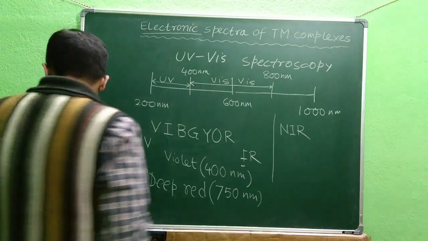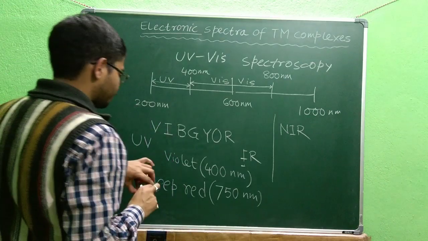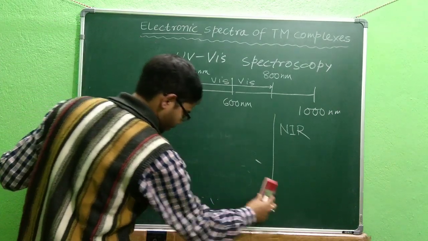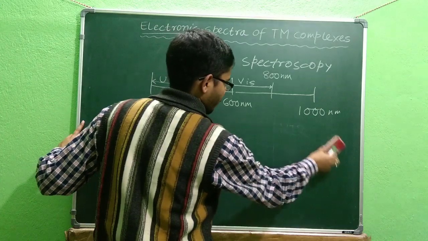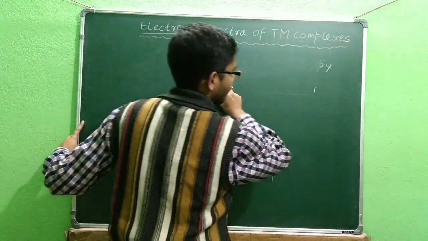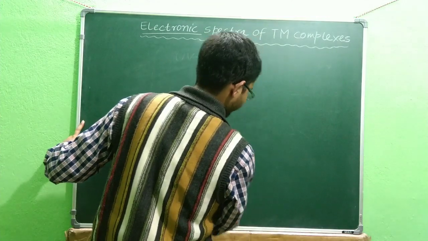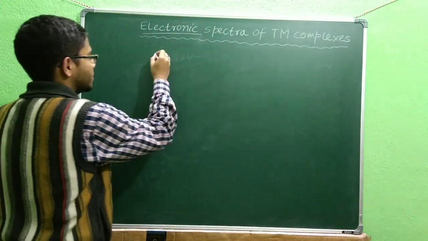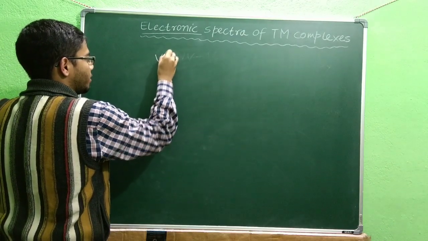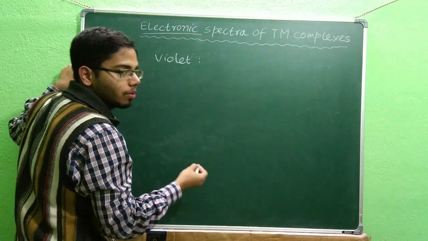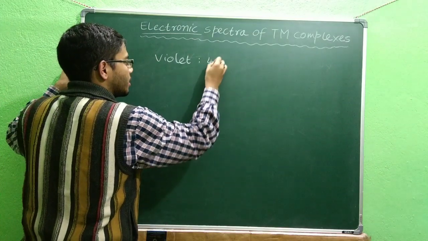Okay, so now we will tell something about this. As you see, this violet, I already wrote the value, 400 nanometer.